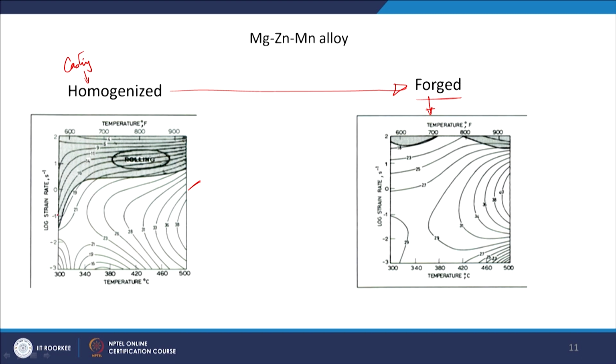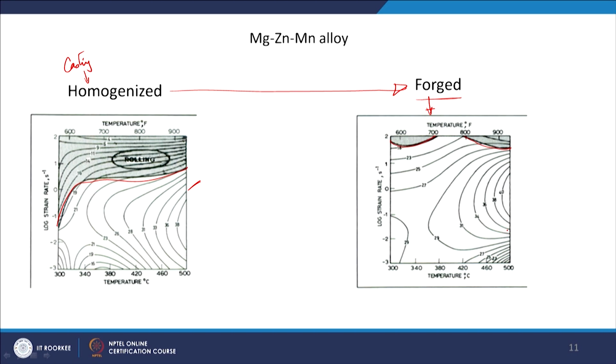Okay. Here the unstable region was very big, covering a large processing window, whereas this unstable region is now limited to a very small processing window. Okay. So, now it has opened my processing window for the alloy by doing a forging operation.